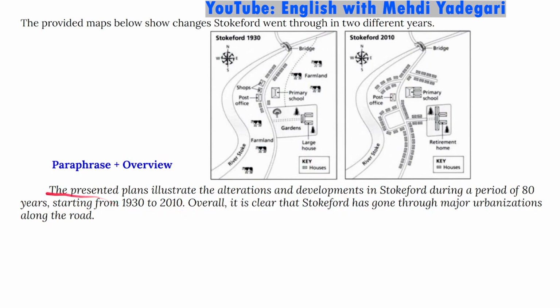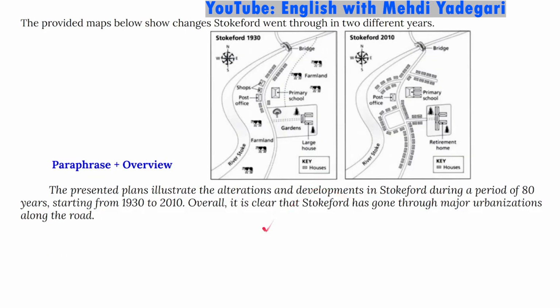So from here all the way to the period is just a paraphrasing of what has been written here. The presented plans instead of the provided maps. Changes, alterations, and developments. A new word has been added here. So you see, we changed the verbiage and the grammatical structure and everything so as not to sound the same.